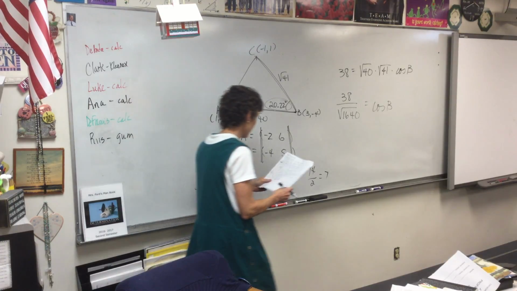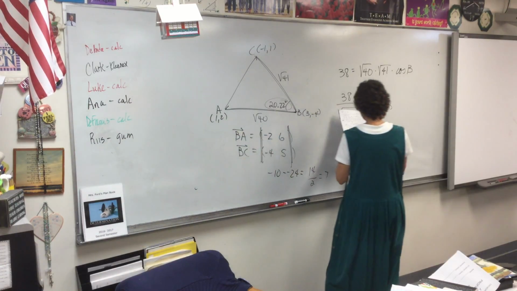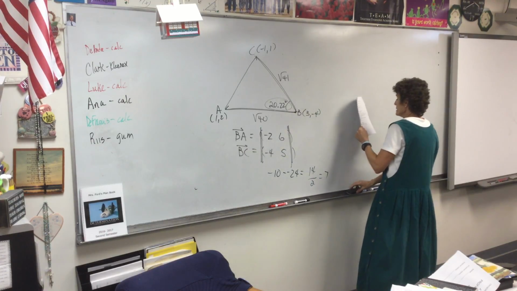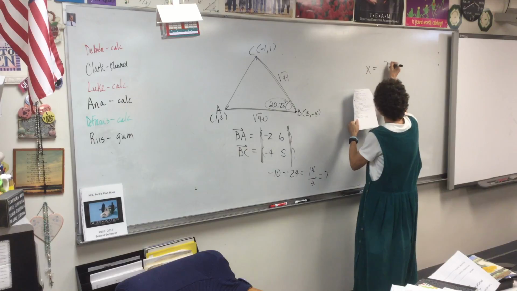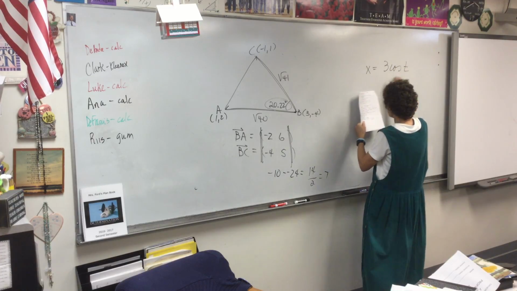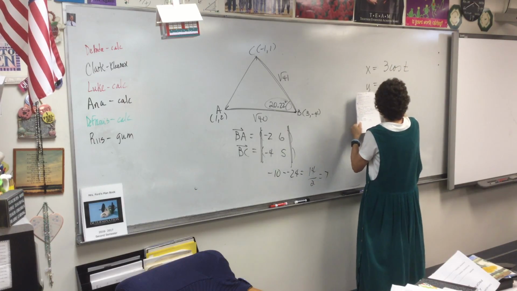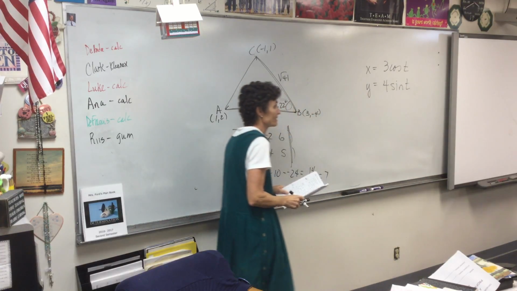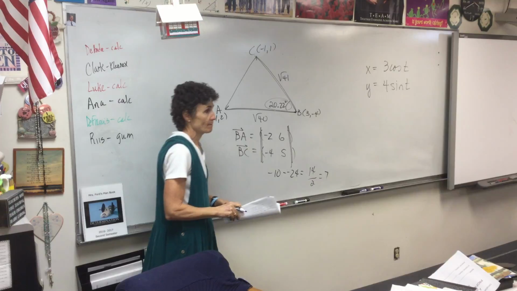All right, and finally number 12. Write the Cartesian equation for these two parametric equations. Now, by Cartesian equation, we mean an equation that has just x's and y's.